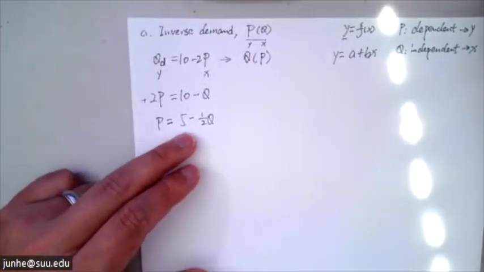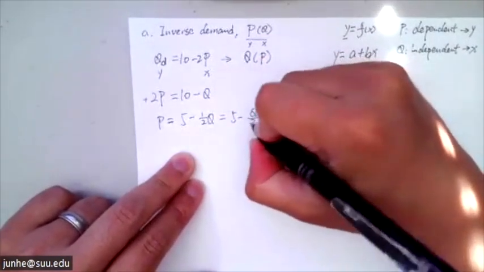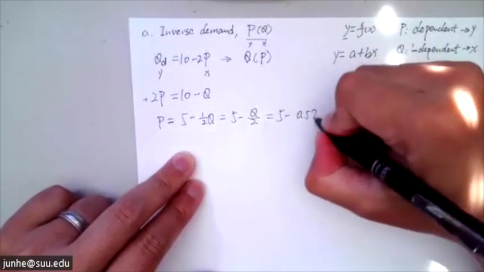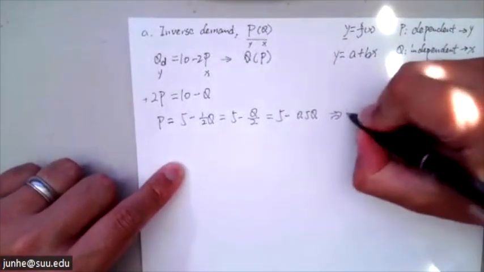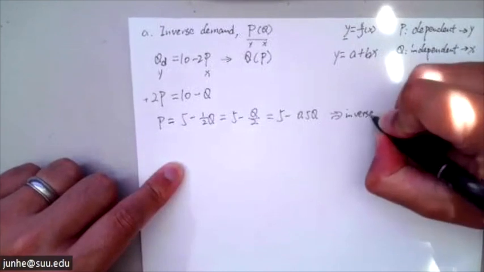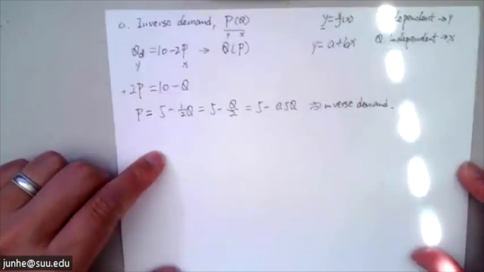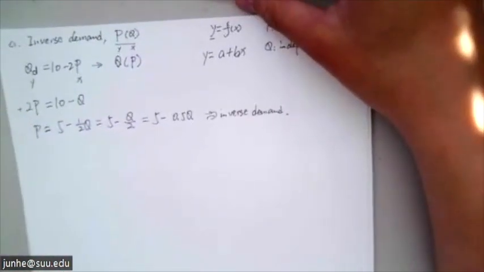So the answer is 5 minus half of Q. There are several ways to express it, like this, or 5 minus 0.5 of Q, because half is 0.5. So this is your inverse demand. I hope this makes sense to you. Sorry for the sunlight.